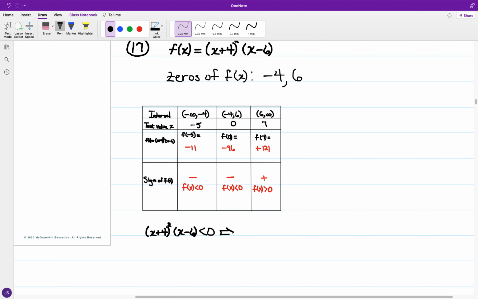All right. So for this inequality, we're looking at where f of x is less than 0, and for the solution, we're going to have the first two interval sections.